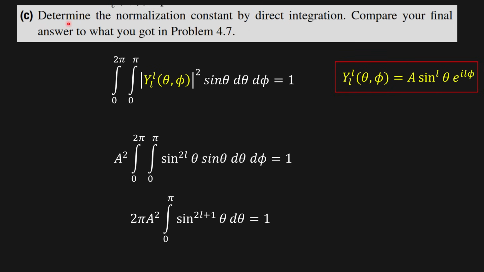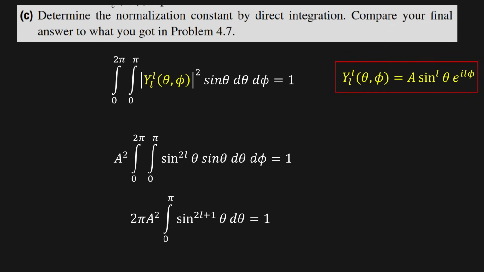Section C is determine the normalization constant by direct integration. So this is double integration because Y depends on theta as well as pi. So theta varies from 0 to pi and pi varies from 0 to 2 pi. This can be written as modulus square of Y multiplied by sine theta d theta d pi.